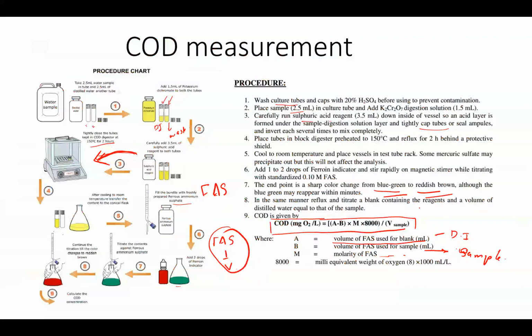So you measure the volume for two situations, for the DI water and for your sample. Then multiply with the molarity of FAS. Then 8,000 divided by the volume of the sample that you have taken. So this is the way you have to calculate the COD.